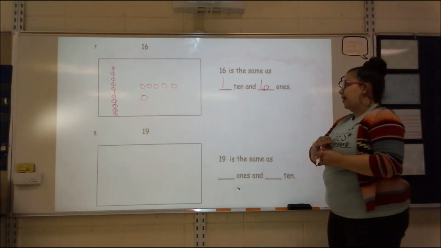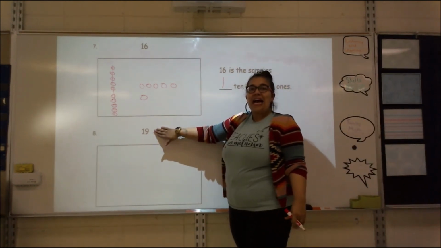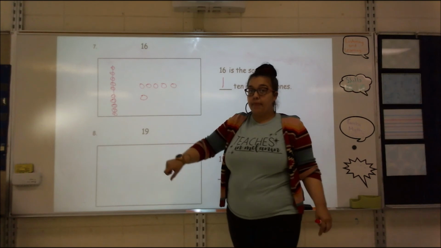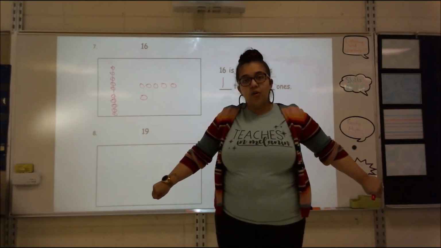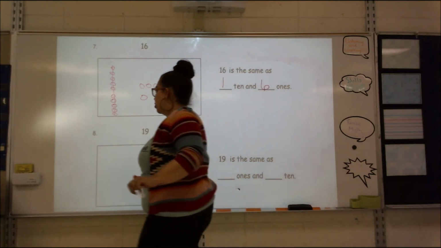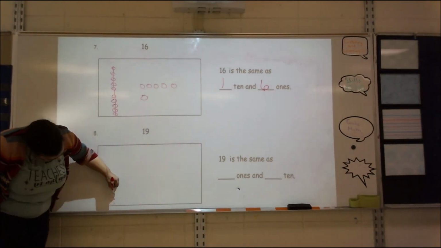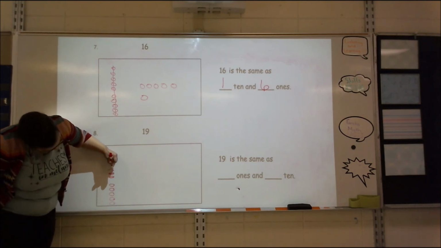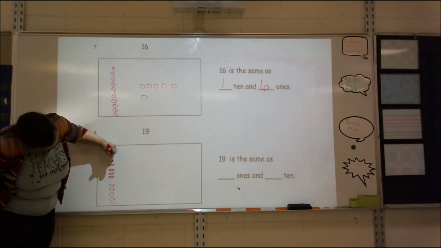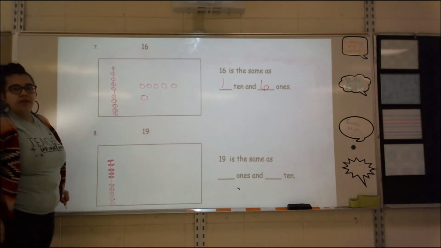All right, last practice problem. It gives us the number 19. This teen number is one group of 10 and 9 ones. Let's draw a picture to show. 1, 2, 3, 4, 5, 6, 7, 8, 9, 10. I know this is a group of 10. We'll link them together, just like your bracelet.